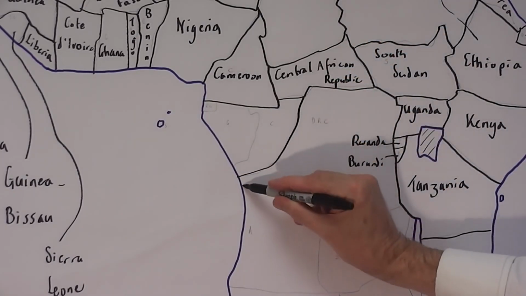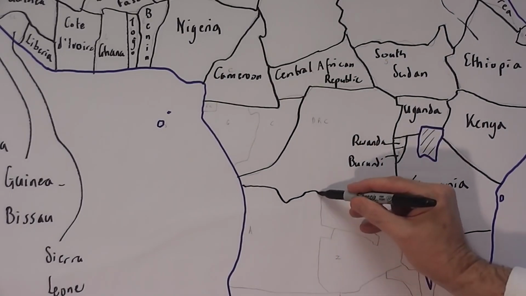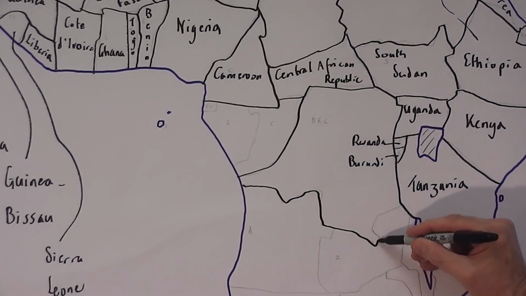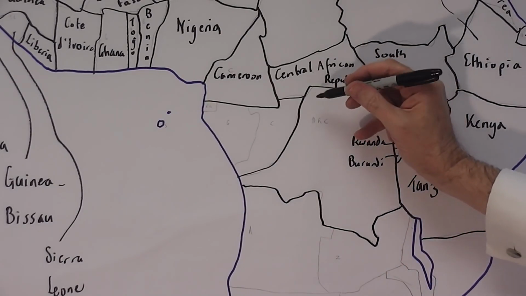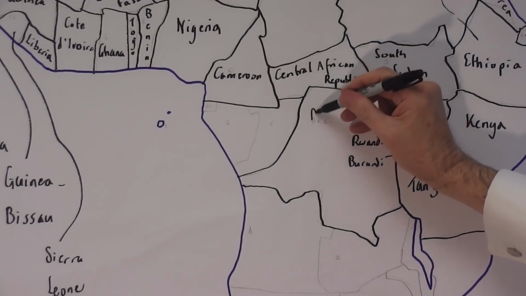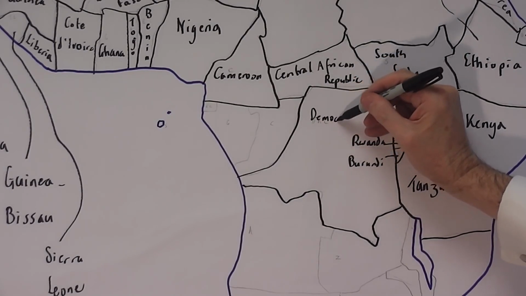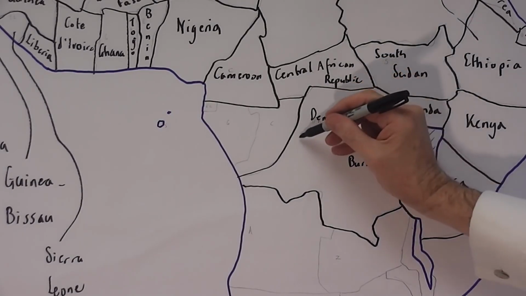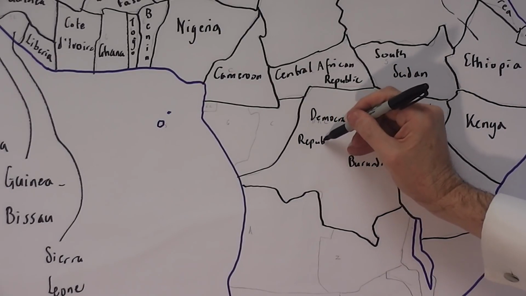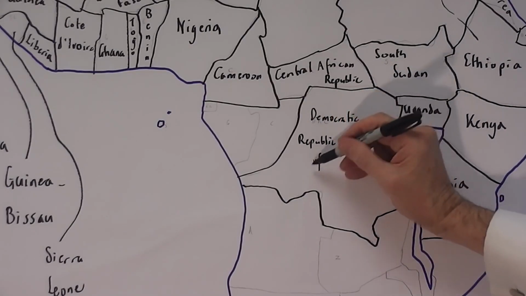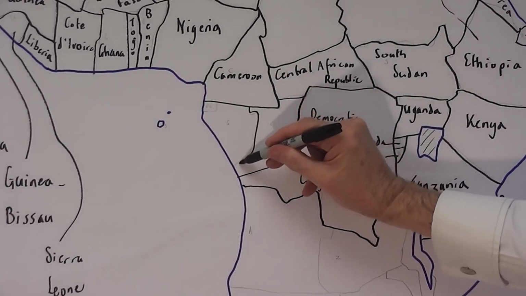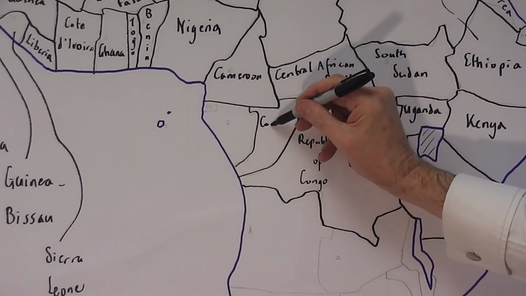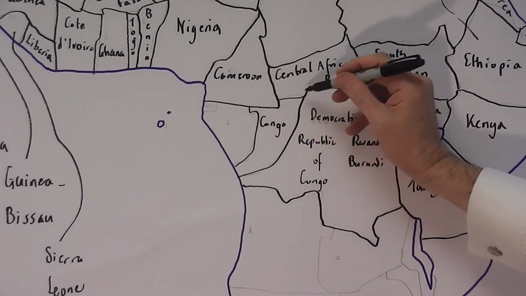And then, to confuse us all, is a very large country called the Democratic Republic of Congo. The Democratic Republic of Congo used to be called Zaire. And next to the Democratic Republic of Congo, a country simply called Congo.